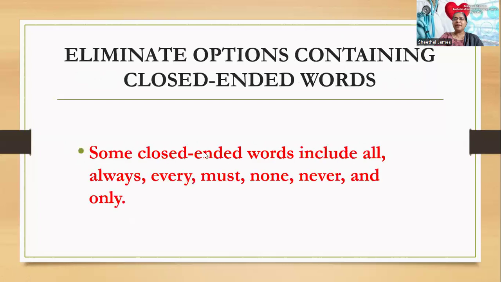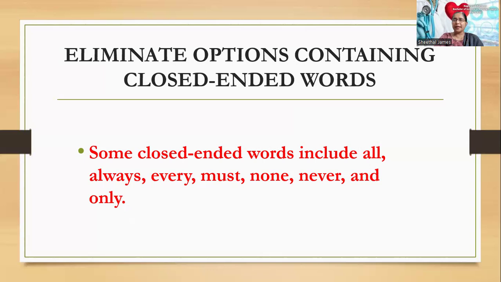Next one, eliminate options containing closed-ended words. Okay, there are certain words, for example, all, always, every, must, none, never, and only. These words are considered closed-ended words because they show some extreme situation. None of the following, or every person should do this, or it is applicable only to this.